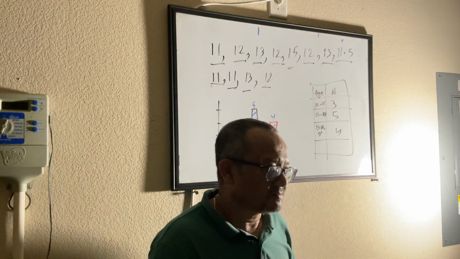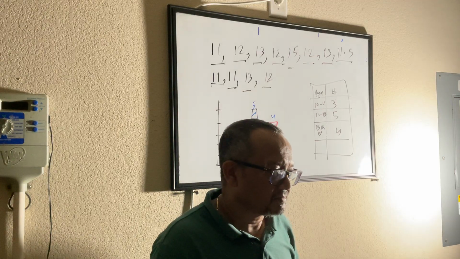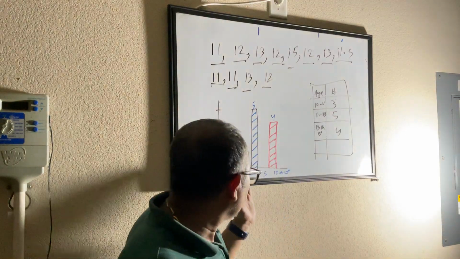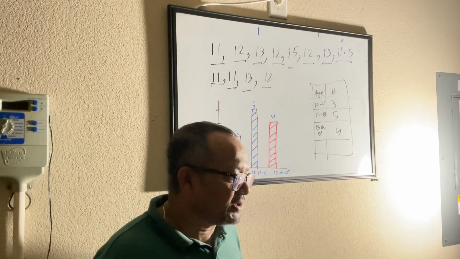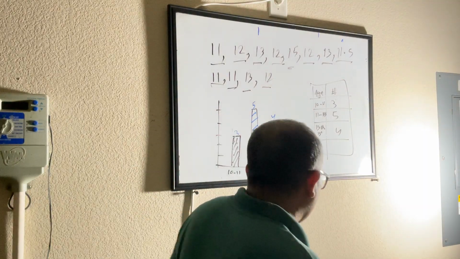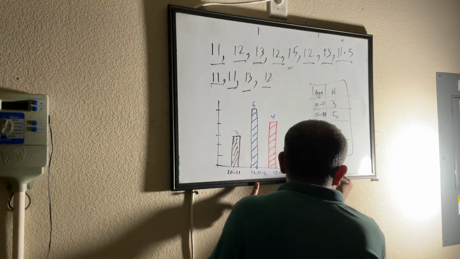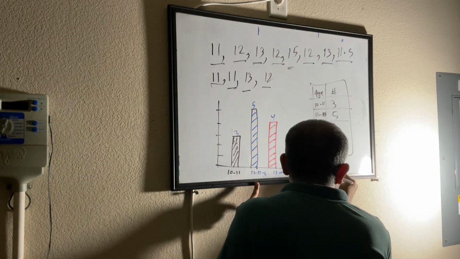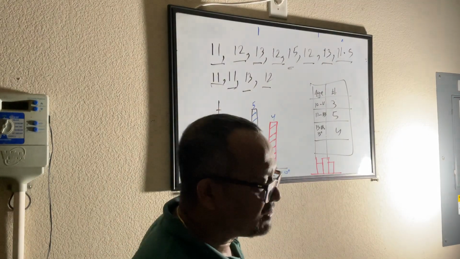So the graph you made, was that a histogram type graph? I said it's a bar chart. It's a bar chart right now. And you said histogram. There's a difference between a bar chart and a histogram. When you see a histogram, you'll see things being contiguous.